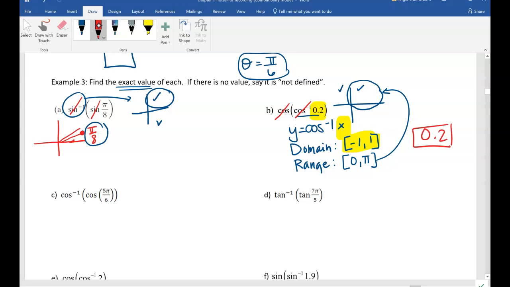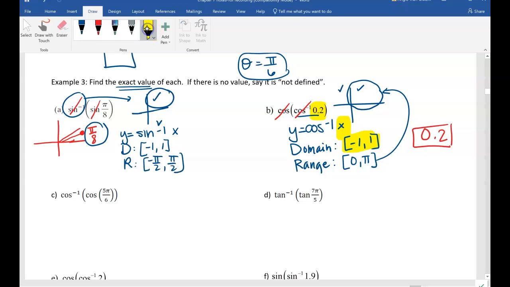Now, we can also go back to part A to do the same thing. I'm going to write y equals sine inverse of x. The domain of sine inverse is -1 to 1 inclusive, the range inclusive is -pi over 2 to pi over 2.